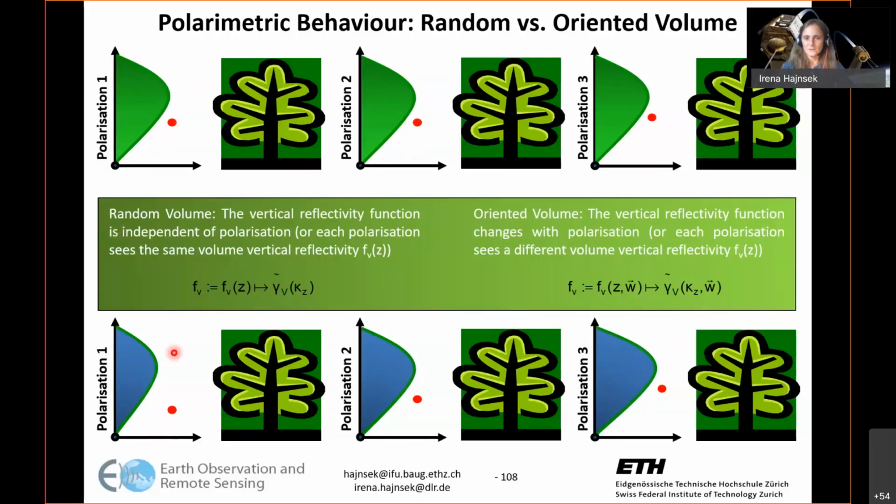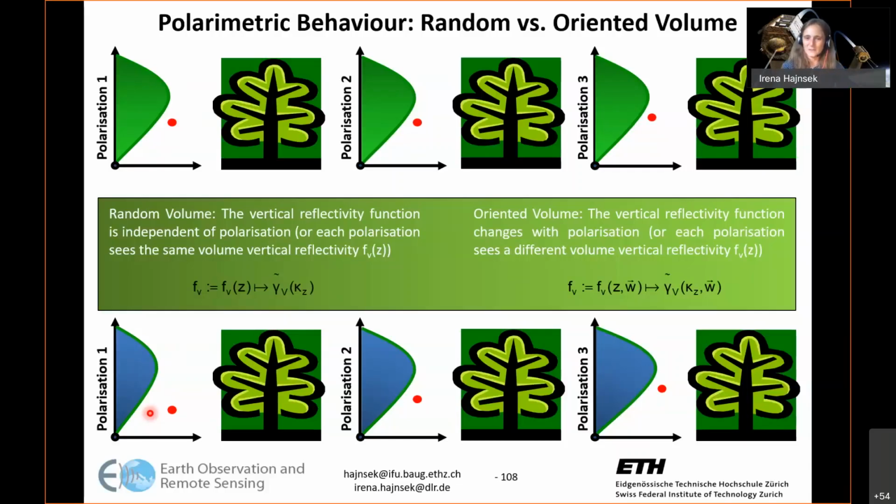For an oriented volume, you can choose the polarization that has a minimum impact on volume, but this is not what we like. We would like the maximum impact on volume and the minimum impact on the ground, because if you have more ground contribution, the phase center will in principle shift down, which we do not like.